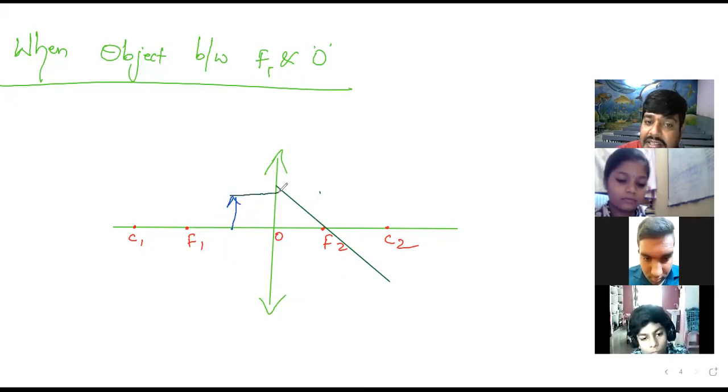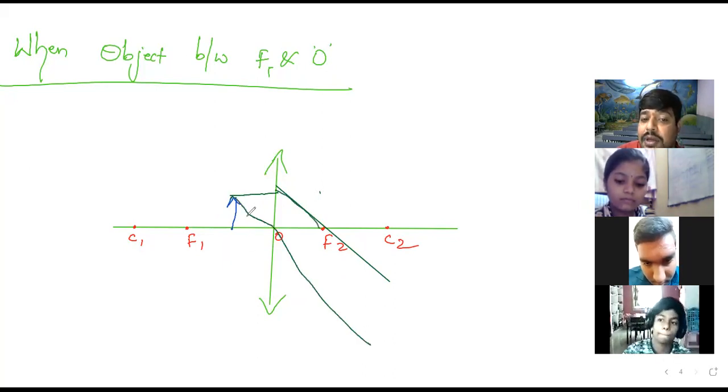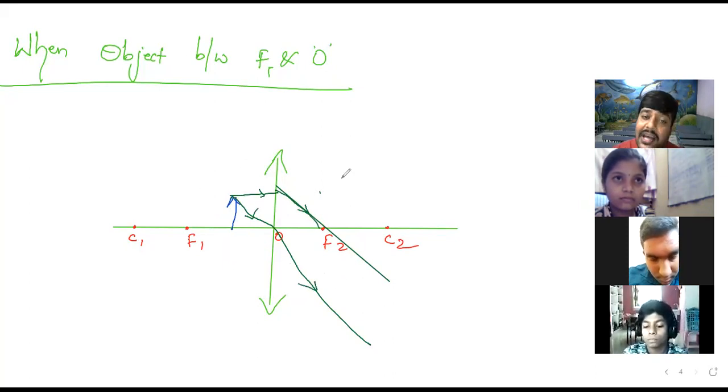The ray passes like this and after refracting like this, and the next one is like this. Just assume and draw that both the rays are not parallel. Whenever you are drawing, observe that both the rays should not be parallel to each other.